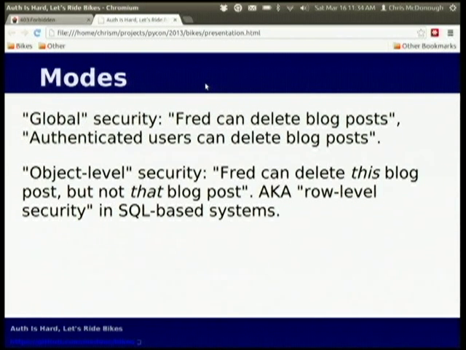That means that user can edit all blog entries. That's what I'm going to call global security. There's another kind of security that I'm going to call object level security, where a user can edit this blog entry, but not edit this other blog entry. Sometimes this is referred to as row level security in SQL-based systems, but not everybody uses SQL, so I just call it object level security.